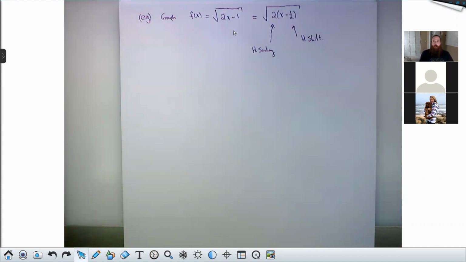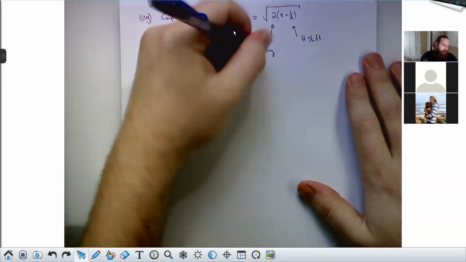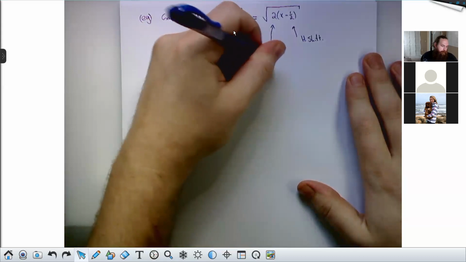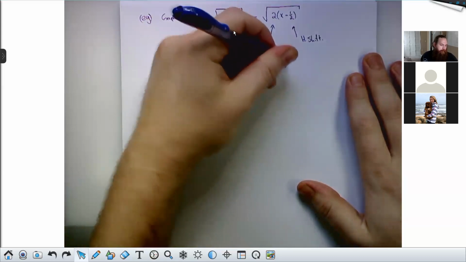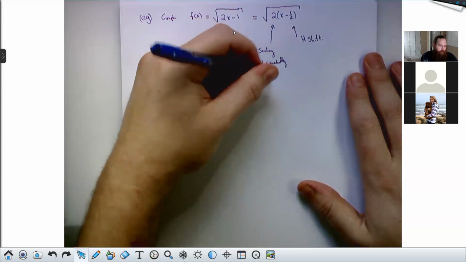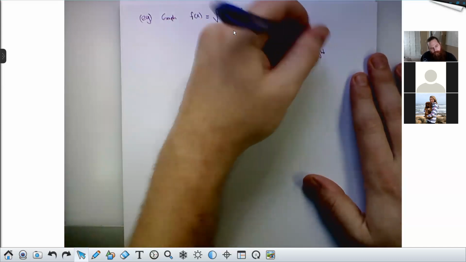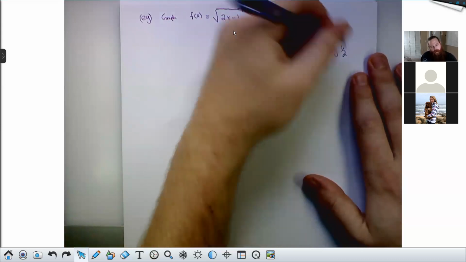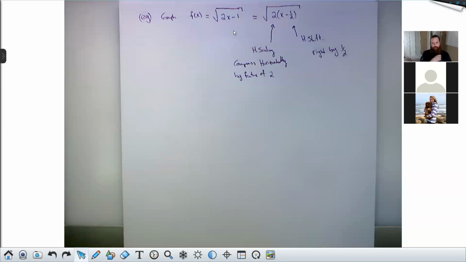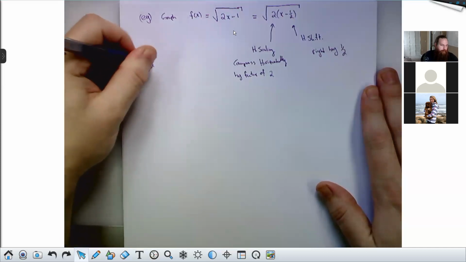So what we're going to do is compress in horizontally by a factor of 2, and then we're going to shift to the right by 1/2. My parent again is the square root function.